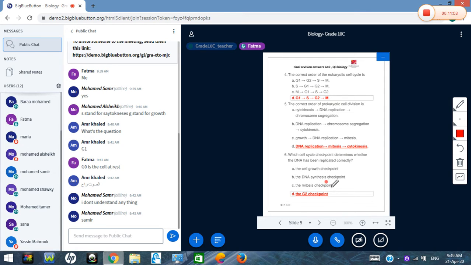What is the meaning of chromosome segregation? Fatima, do you remember the phases of mitosis? Yes. What are the phases of mitosis? Metaphase, anaphase, prophase, telophase.